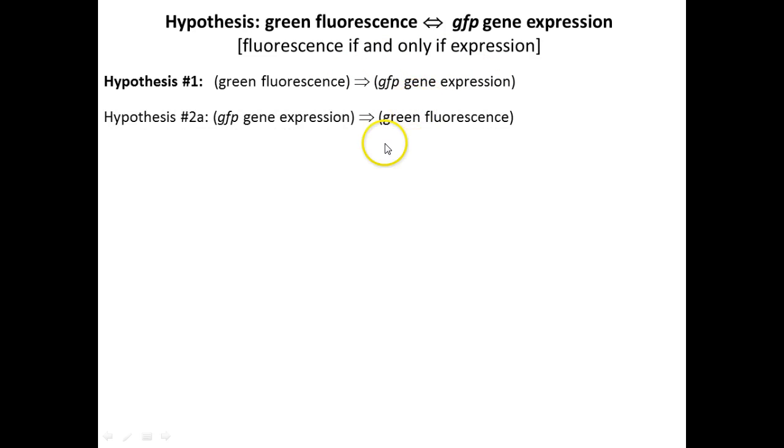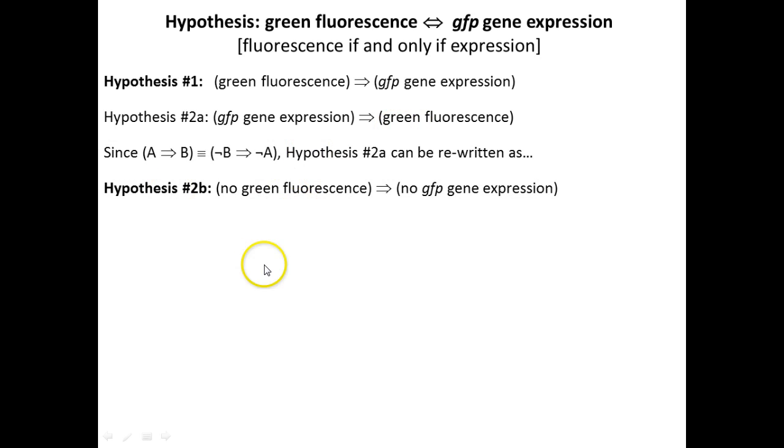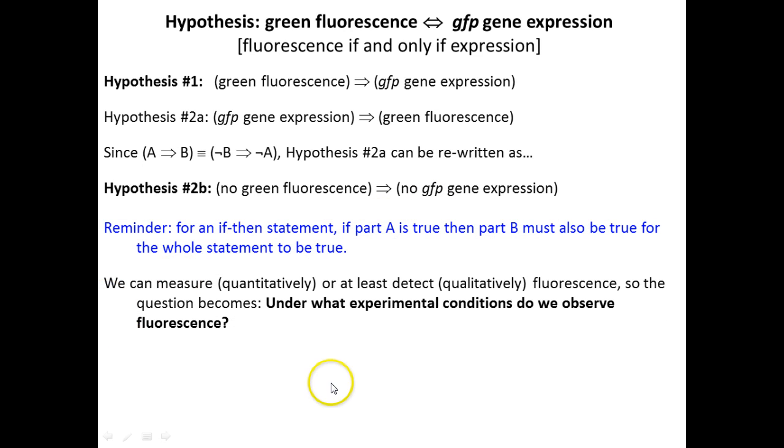And the reverse is true too. If you have gene expression, you should end up with green fluorescence. You should be able to go both ways. Another way you could say it is no green fluorescent protein, therefore no expression. Not that they don't have it, it's just that they're not expressing it. We have to have expression.